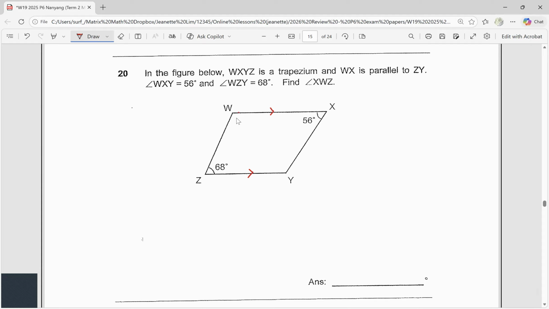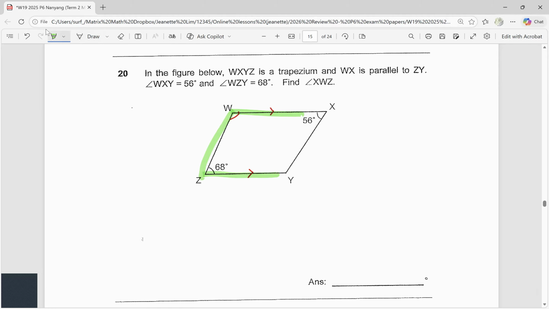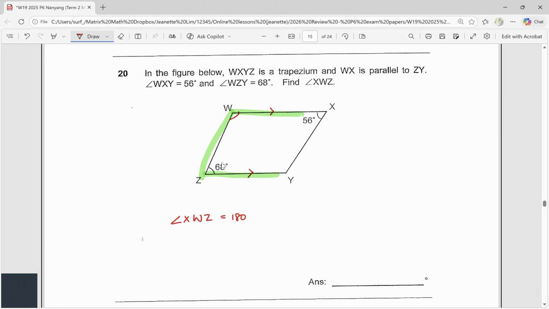Now, if you have parallel lines, let me just highlight. So what you can apply is this angle property over here, where you have the angles between parallel lines. They add up to 180 degrees. Okay, so between these two parallel lines, it can only apply if you have parallel lines. So angle XWZ is 180 minus 68 degrees.